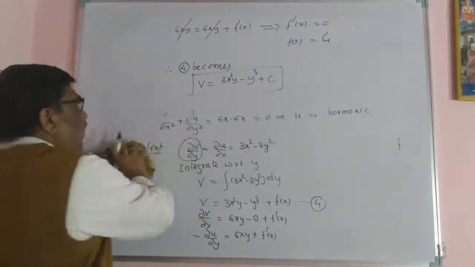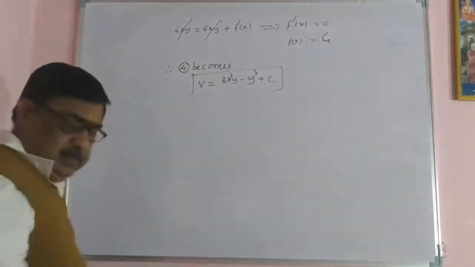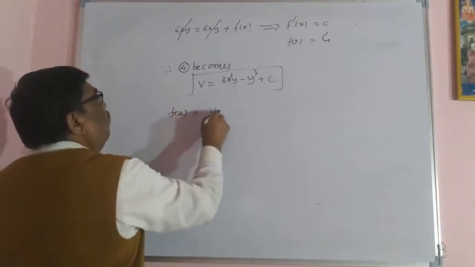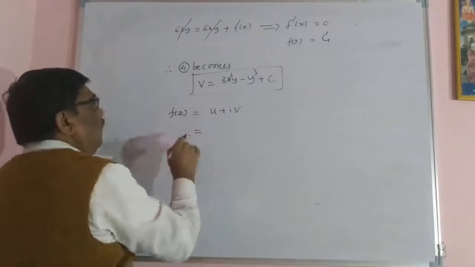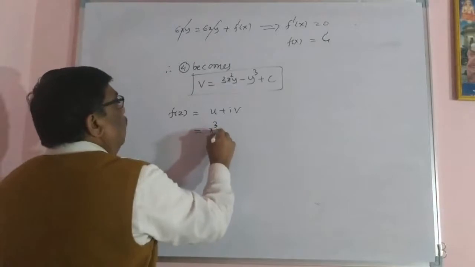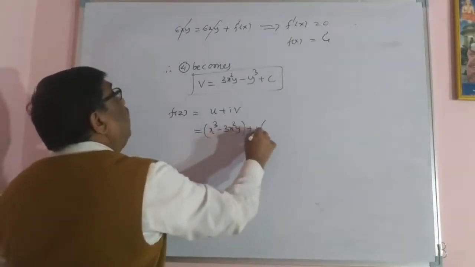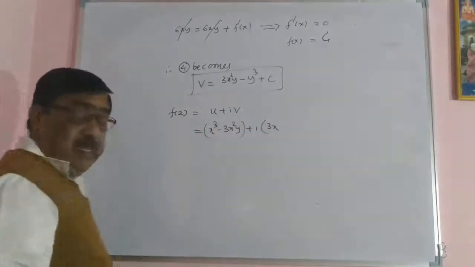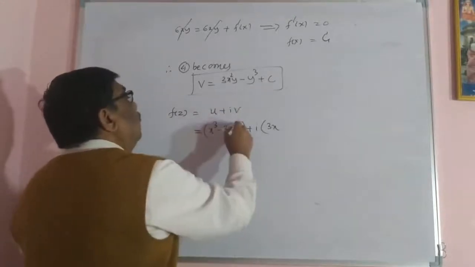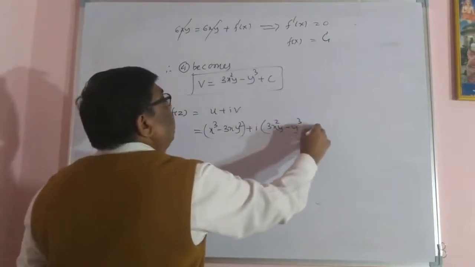And the analytic function f(z) equals u plus iv. You know that u value is x³ minus 3xy², plus i times the v value, 3x²y minus y³ plus c.